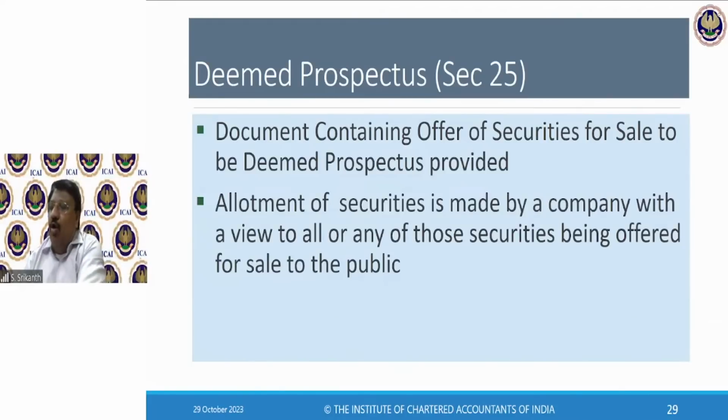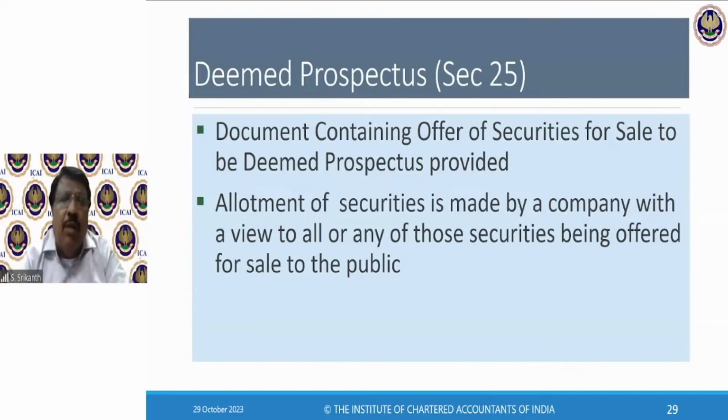So the whole purpose of this chapter on prospectus is to ensure that when any document, circular or notice is sent to the public, it should be in a certain format. So section 26 was all about that. We saw 26 before 25 for obvious reasons.